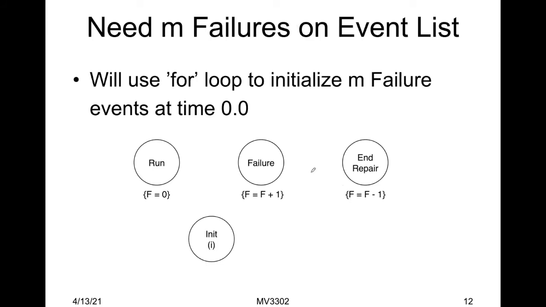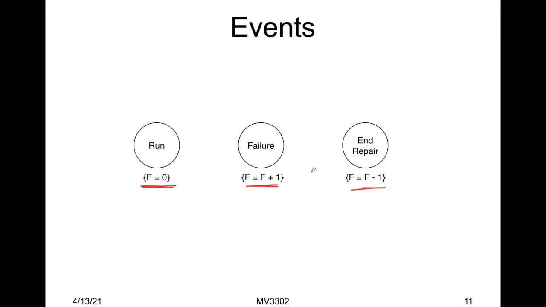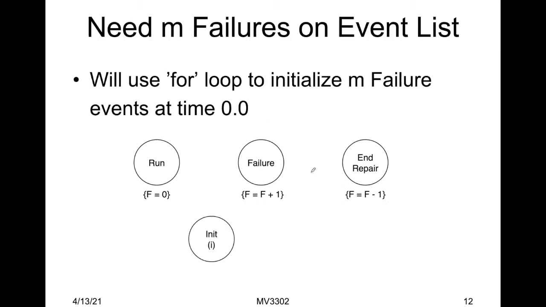Now, the thing is that we also need to have M failures on the event list at first. So this handles all the state transitions that we want, but it doesn't handle the initial failures. In other words, at time 0, if every machine is working, there need to be M failure events initially. And we know how to do that.